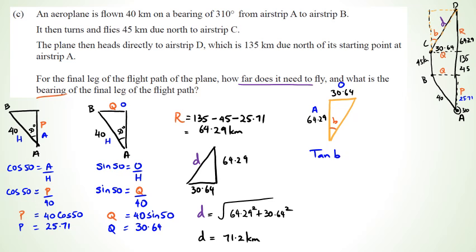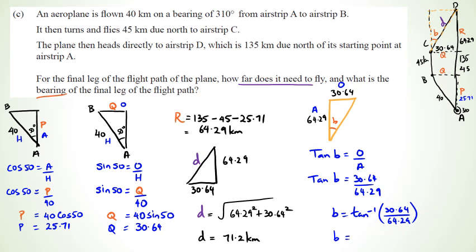So I've got tan B equals opposite over adjacent. So tan B equals 30.64 over 64.29. And so B is equal to shift inverse tan of 30.64 divided by 64.29, and I get a bearing of 25.48 degrees.